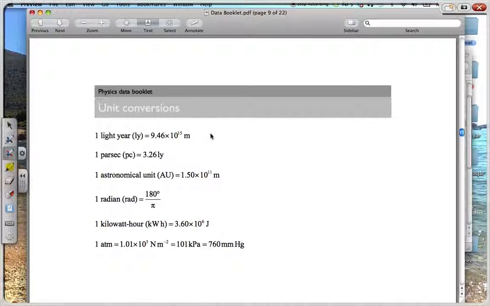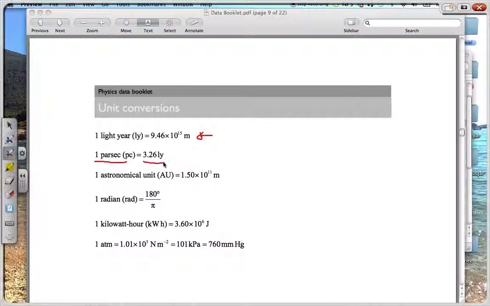So when we work out the number of seconds in a year, we get to this value over here. 1 parsec, which is another unit of distance that we define from the parallax method, is 3.26 light years. So if we multiply that by 9.46 times 10 to the 15, we get what a parsec is in meters.